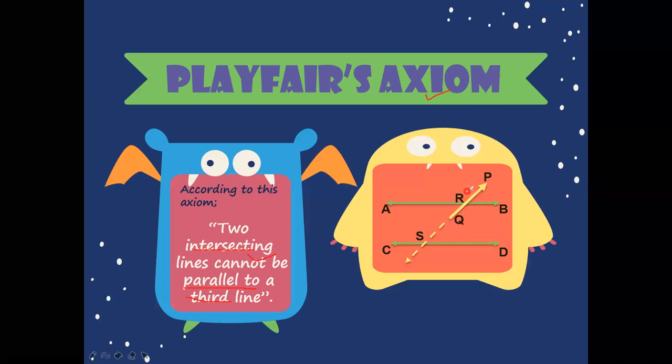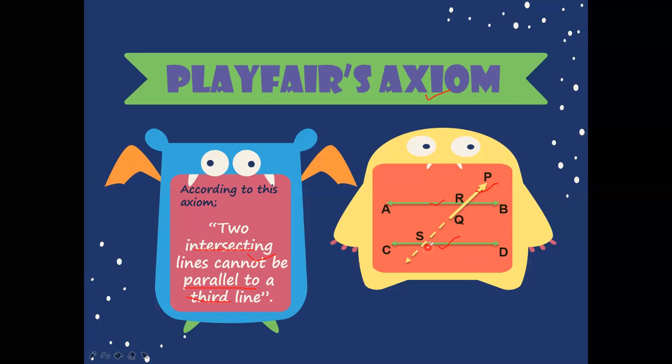So what does it mean? If you have any two intersecting lines, which intersecting lines are here? This one and this one, PQ and AB. If they are intersecting each other, they cannot be parallel to this third line, that is CD. It will also intersect CD at point S. So this is the axiom presented by a scientist called Playfair, and that's why we call it Playfair's axiom.